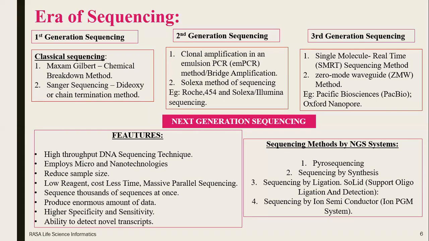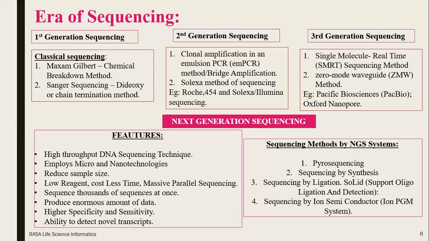Next generation sequencing, which is also known as high throughput sequencing, includes Roche 454 sequencing, virtual terminator sequencing, SOLiD sequencing, and Helicos Biosciences, which work broadly in the same manner that Illumina does.